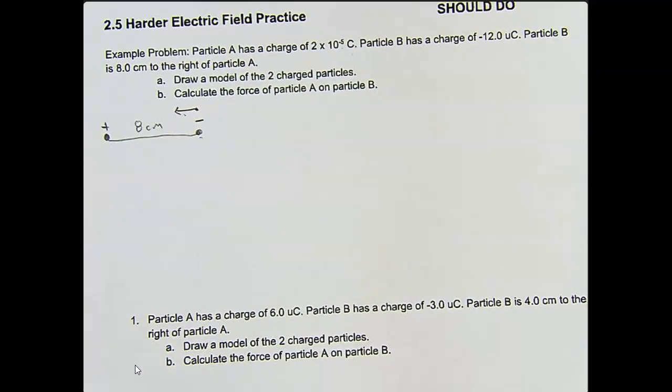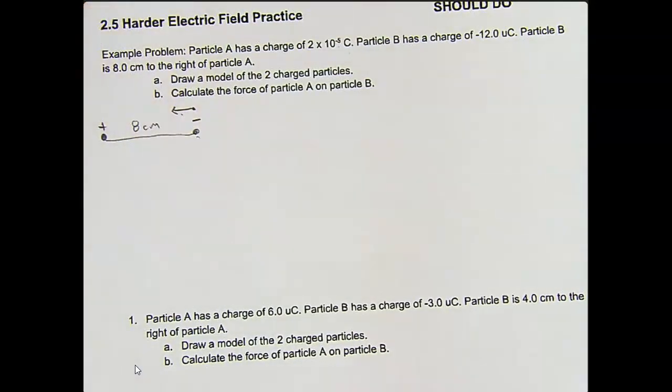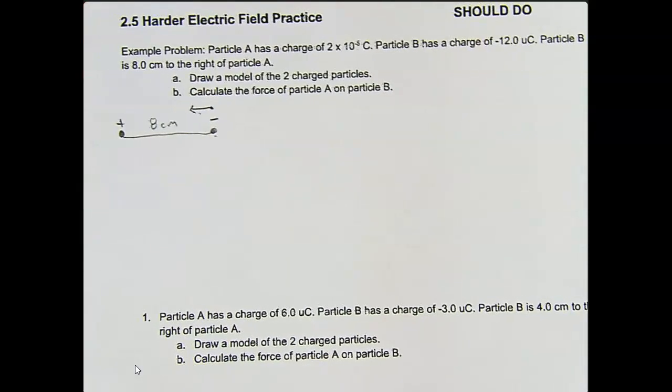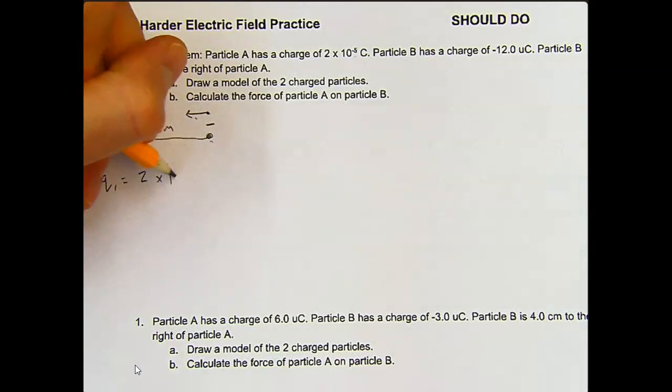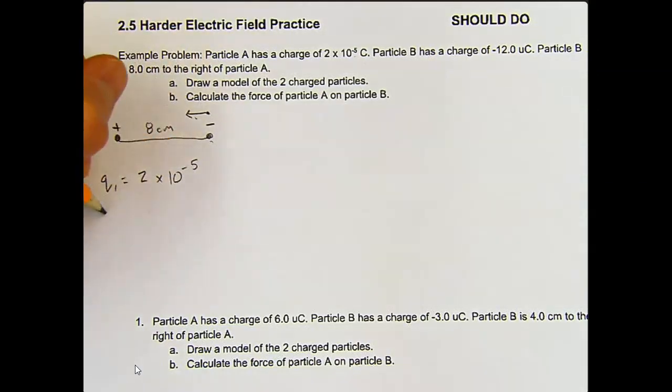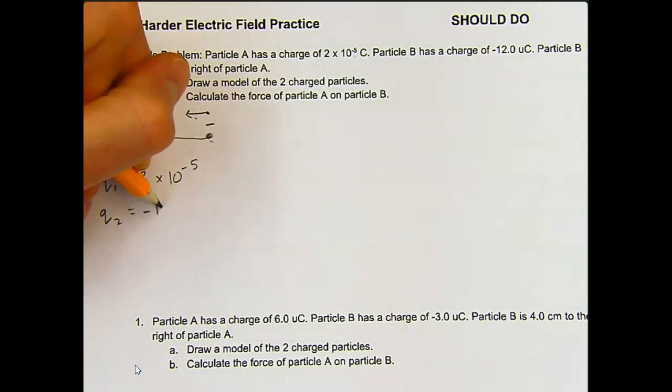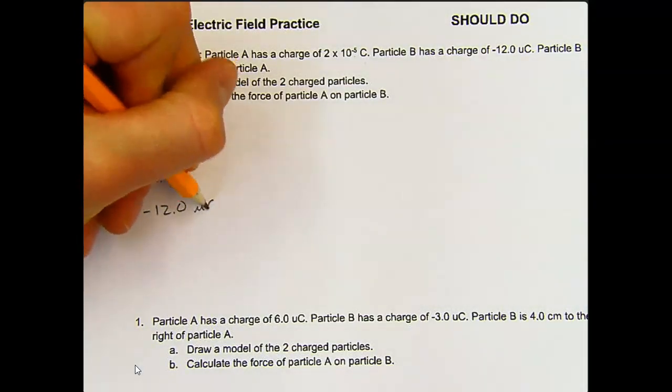Now, for the actual calculations, this is where a previous video on scientific notation would be really important. One thing that I'll start writing out is just some variables, which I always encourage you to do. So charge 1, or Q1, is 2 times 10 to the negative 5. Q2 is not in scientific notation, but I think we should put it in scientific notation. We have negative 12.0 microcoulombs.